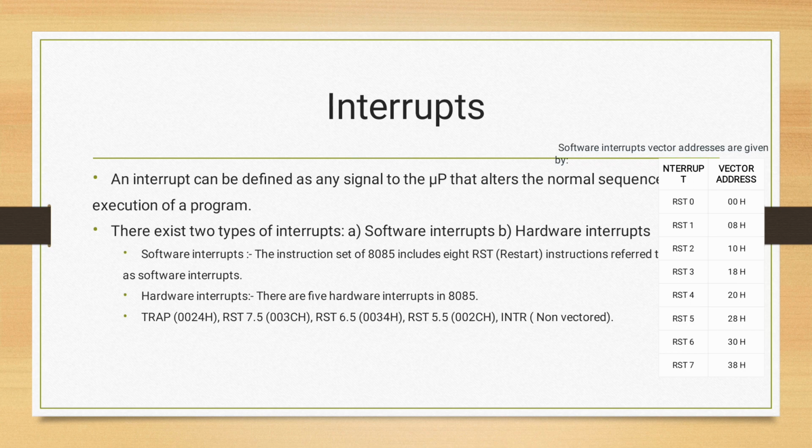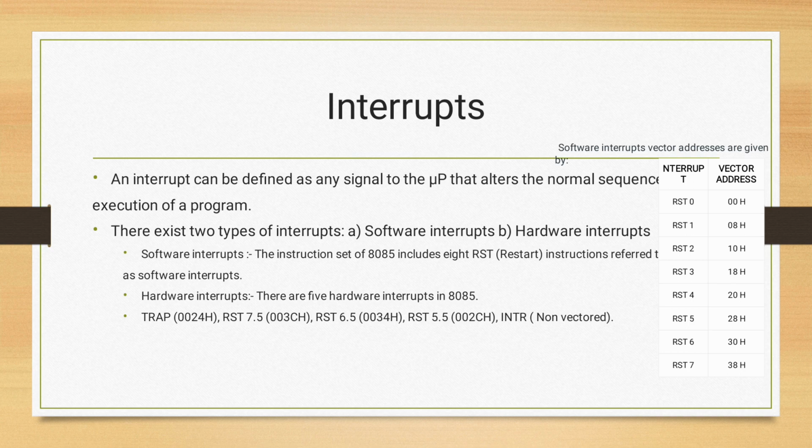In the Intel 8085 processor, there are 8 restart instructions, RST0, RST1 up to RST7. These are software interrupts, and each has a vector address. For example, for RST0 the vector address is 00H, and for RST7 the vector address is 38H.